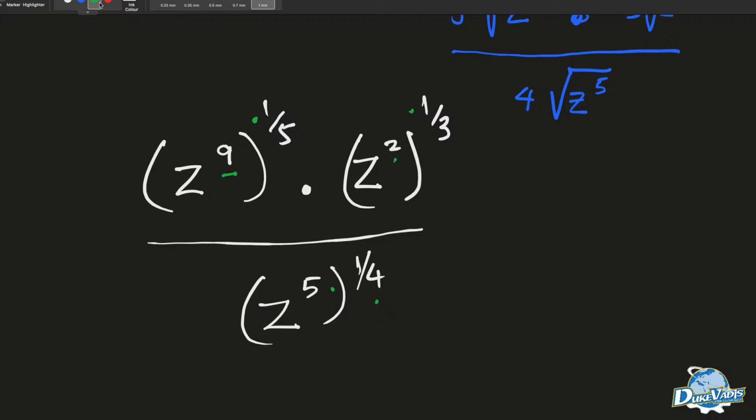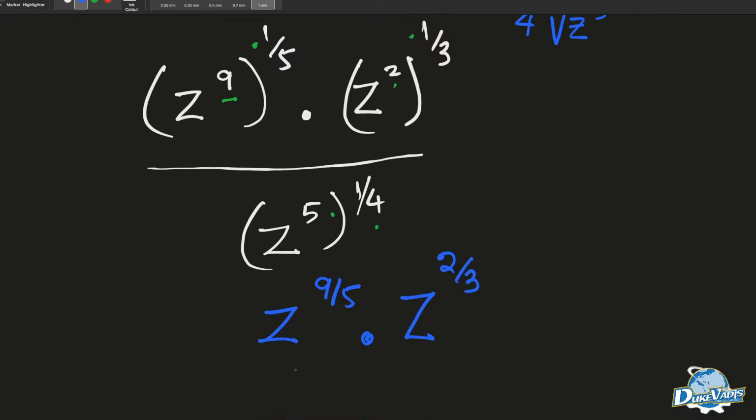When we multiply this and that, we get z raised to the power 9 over 5 multiplying z raised to the power 2 over 3, divided by the bottom one, which is z raised to the power 5 over 4. You see, we are gradually breaking the back of the camel.